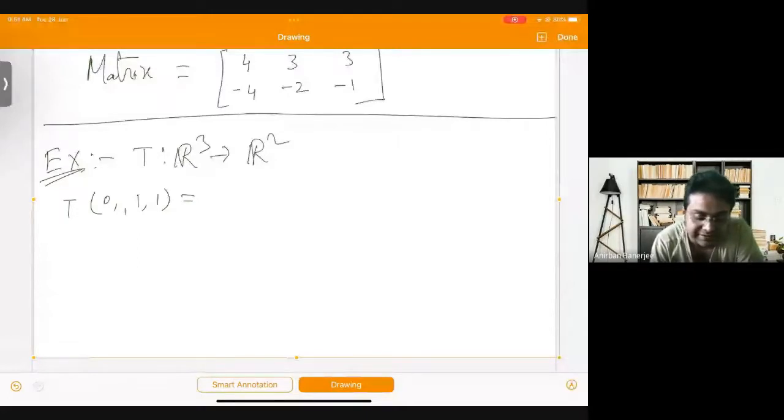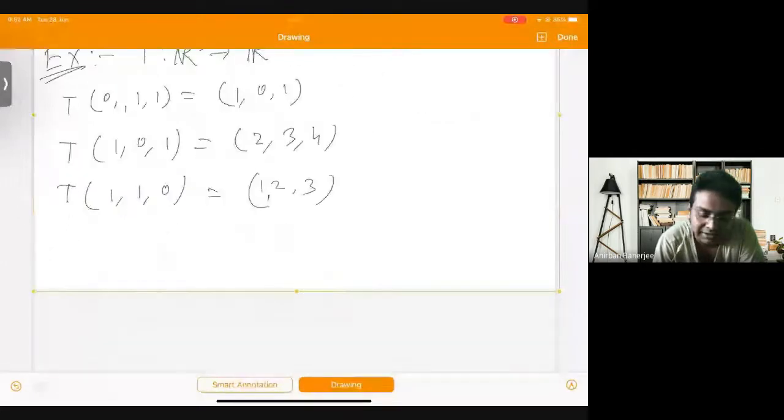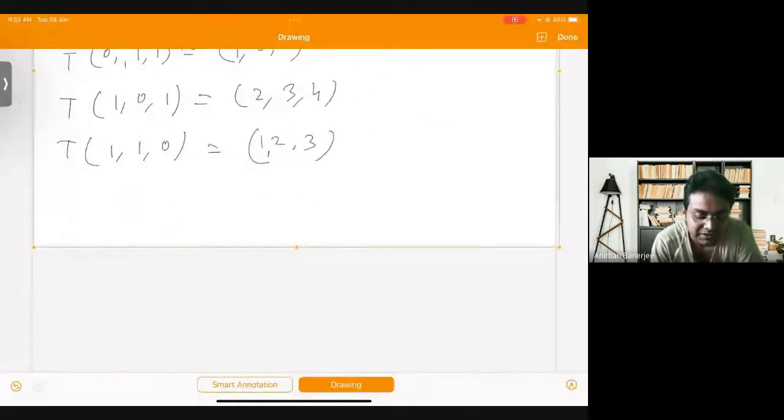So here it is given that you take this vector 0, 1, 1, it will transform into 1, 0, 1. And you take the vector 1, 0, 1, it will transform into 2, 3, 4. Or you take the vector 1, 1, 0, it will transform into 1, 2, 3. Okay. Sorry. And let's say that you have to find the matrix.